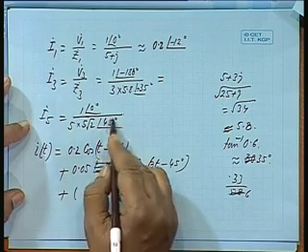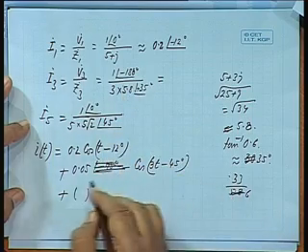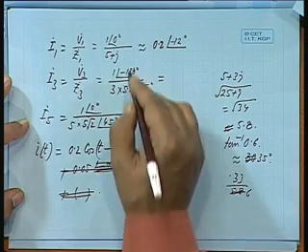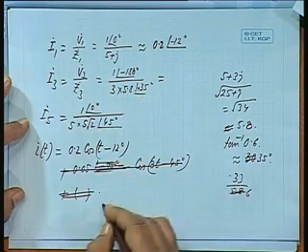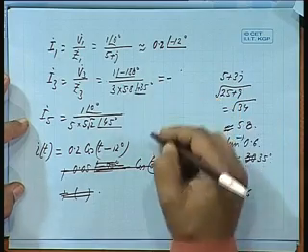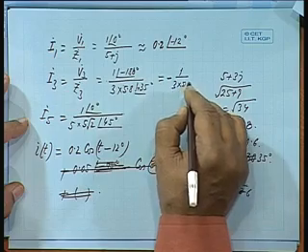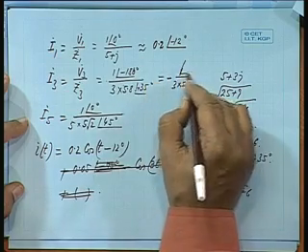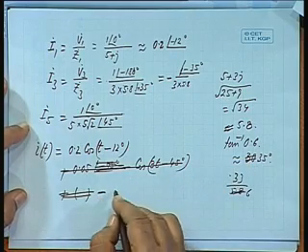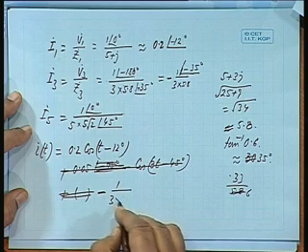Similarly, plus 1 by 5 root 2, 1 by 25 root 2, whatever that value; sorry, 45 degrees will come here, here it is 35 degrees. Mind you, the 180 degree will contribute to a negative term. So I may put this as minus this value, 1 by 3 into 5.8, and an angle of minus 35 degrees.